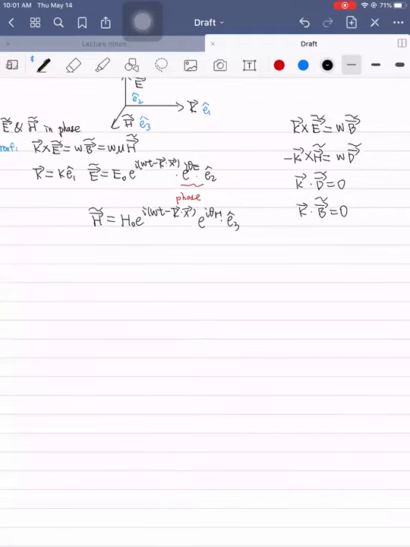Then we look at the left-hand side. It should be K E0 e to the i phase, and e1 cross product e2 should be e3.